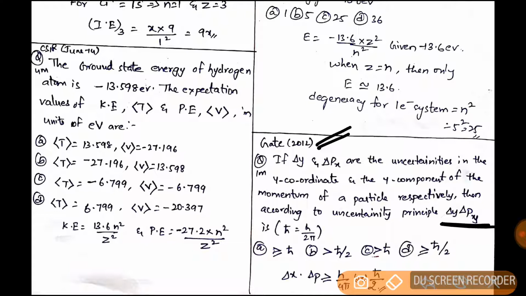So they directly ask the uncertainty principle formula by confusing you, and they have also given this h-bar, so you should be careful while choosing the answer. If you know this uncertainty principle formula, you could just attempt this directly.